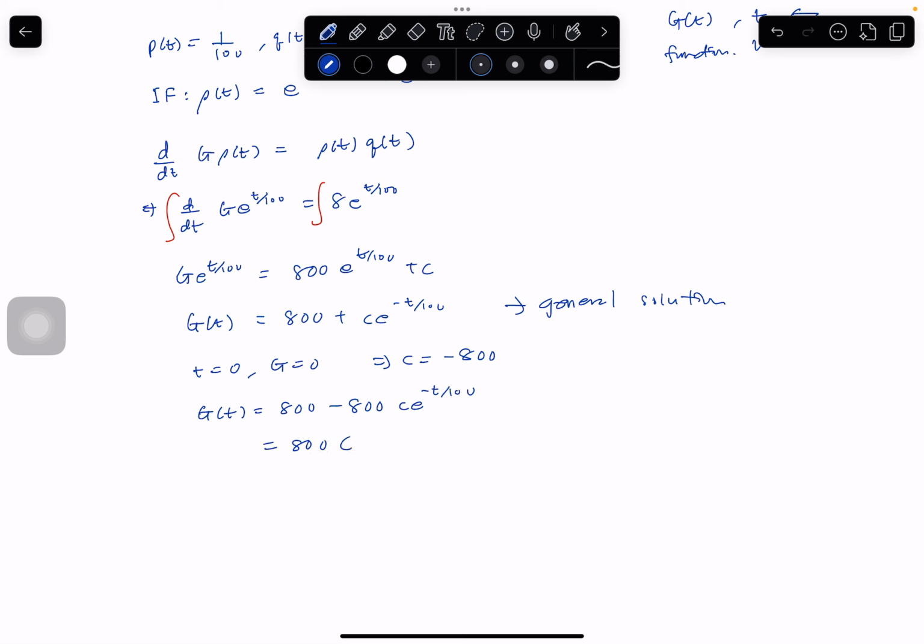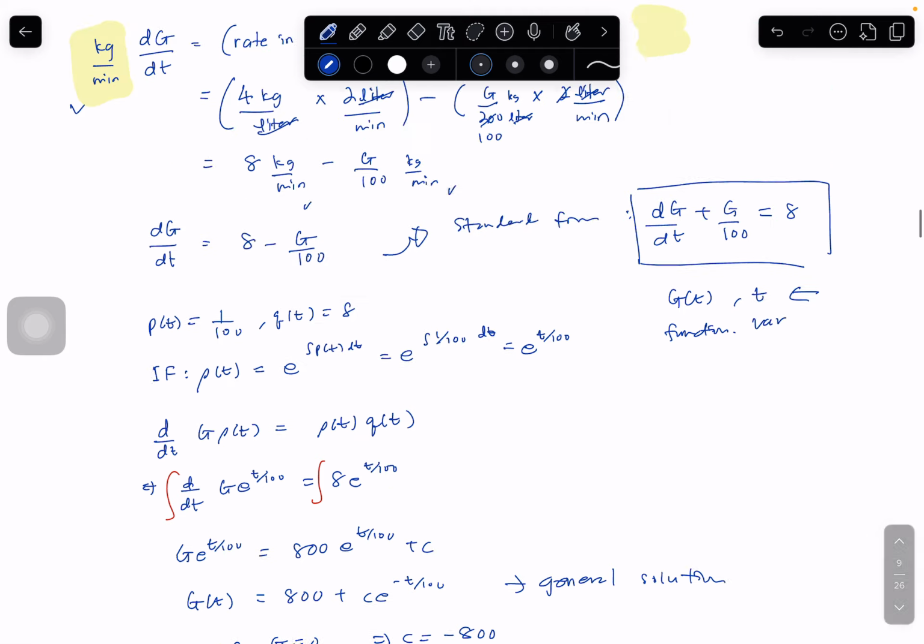So we have 800 times 1 minus e to the power of minus t over 100. Okay, so that is your G of t. This is your solution.